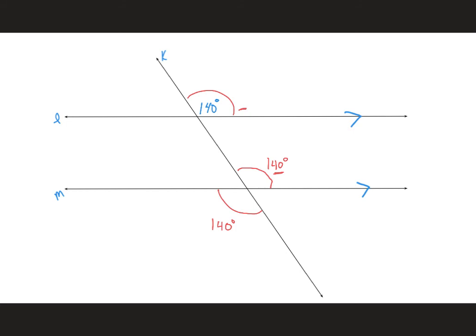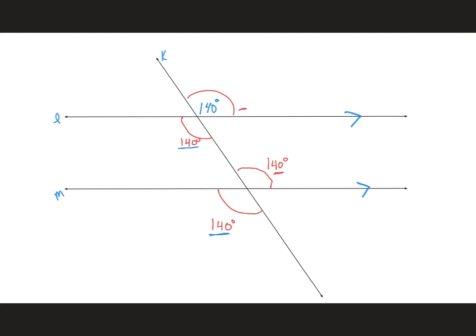And then again, because of vertical angles, I can say that the angle here is 140 degrees because it's vertical with the original, and it's also corresponding with the bottom left. So because of vertical angles or corresponding, I already solved 4 of the 8 angles.